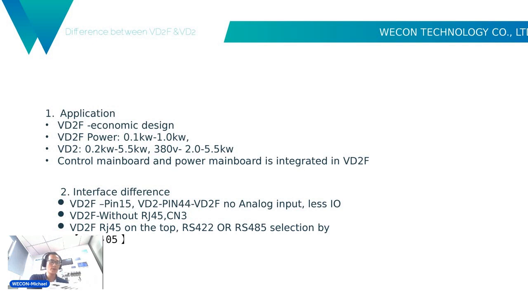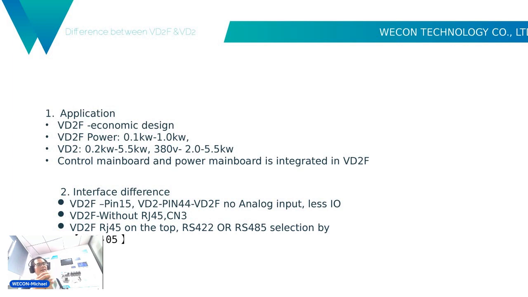For VD2, we have 44 pins. That means VD2F has fewer IOs and no external inputs. So remember, VD2F has few external inputs. You can't use external inputs to control VD2F. This is one difference.